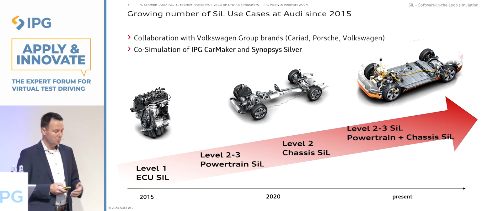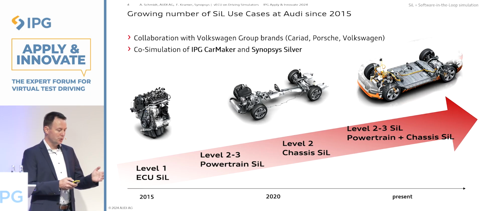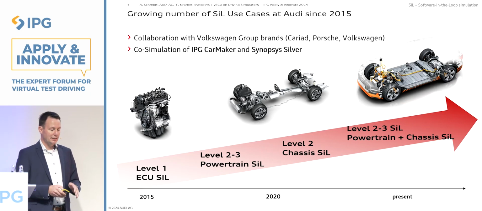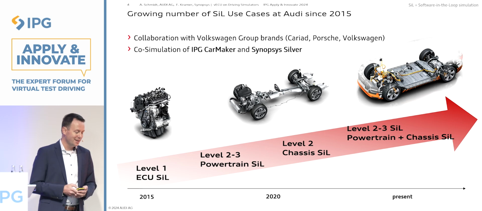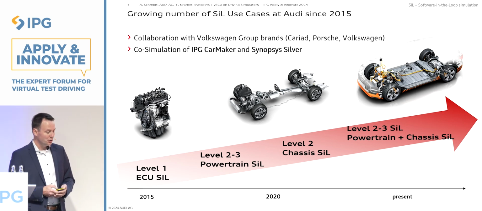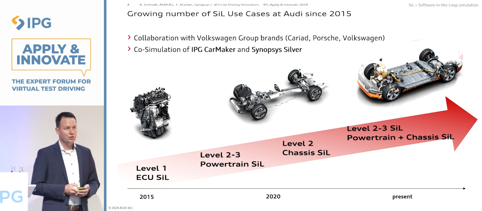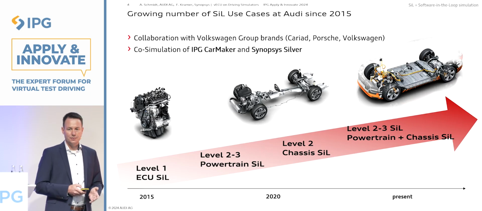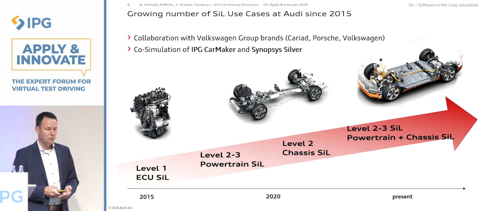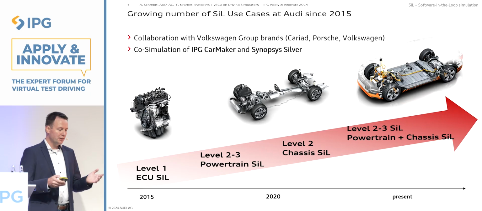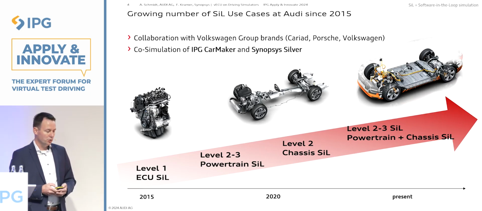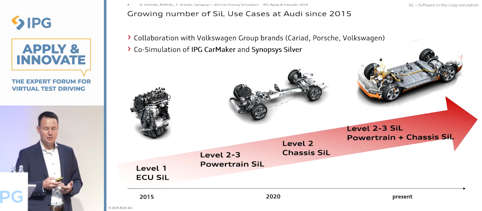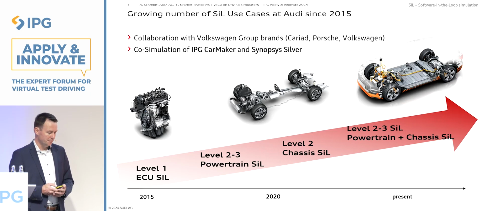Then improved to a powertrain SIL with a central processing unit and engine control, an entire engine control unit by Bosch, by the way, and also parallel and developed a chassis SIL with CarMaker for the simulation of the vehicle and the scenario, and Synopsys Silver for the simulation of the control units for the chassis software, like braking system, steering system, air spring control, and stuff like that.